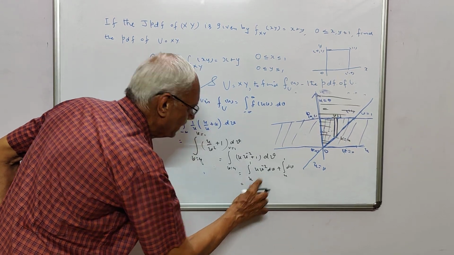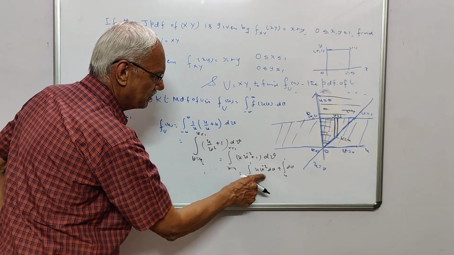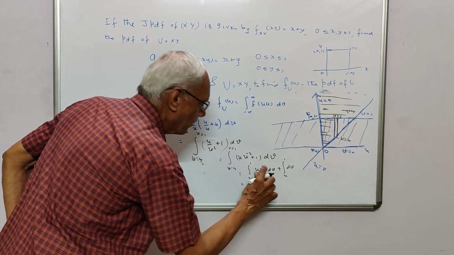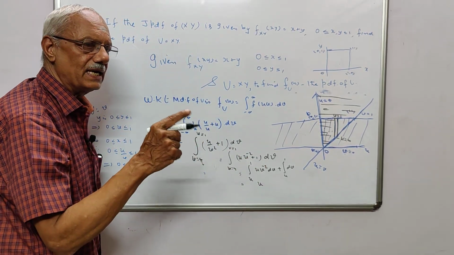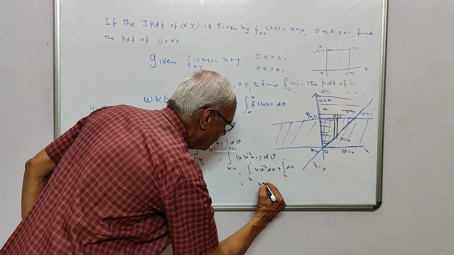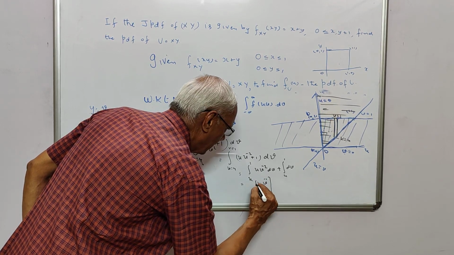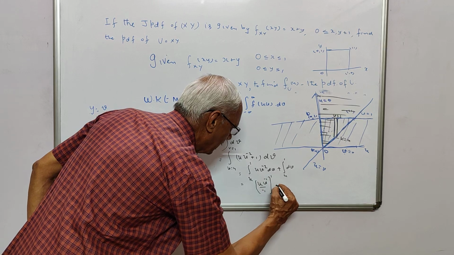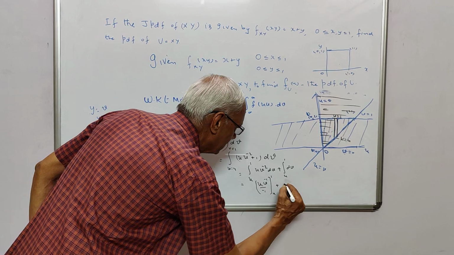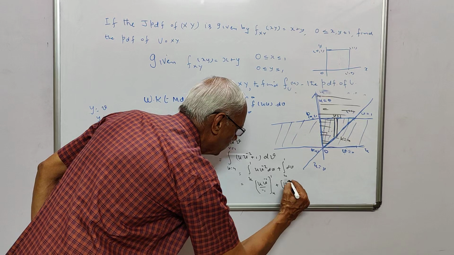So what is it that you get here? If you take this minus 2, because u is treated as a constant here, since integration is with respect to v, this is u times v to the power of minus 2 plus 1. See, x to the power of n, integration is x to the power of n plus 1 divided by n plus 1. So you see that it is u v to the power of minus 1 divided by minus 1, evaluated from u to 1, plus v, and it takes the value from u to 1.